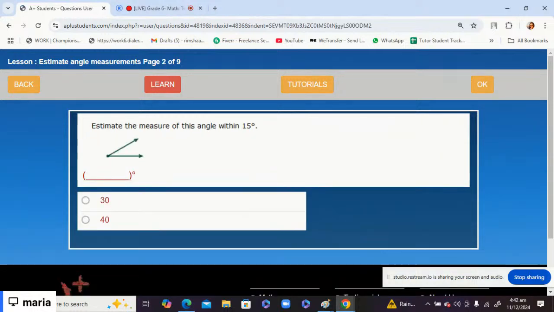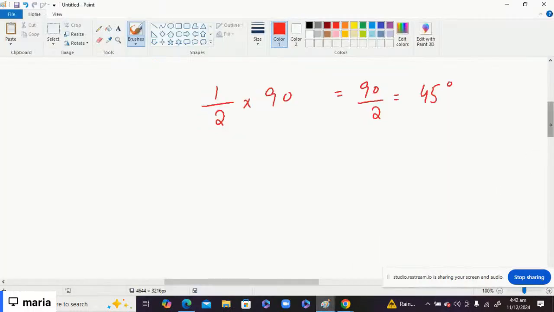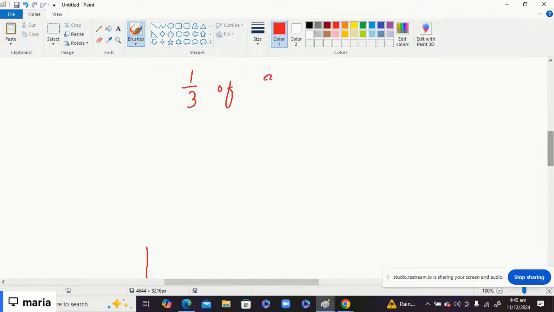Estimate the measure of this angle within 15 degrees. So as we know, by using the 15 degrees, look at here, this is 1/3 of 90. Let's find it out. 1 by 3 of 90. So it means 1 by 3 times 90. So 90 over 3, that is 30 degrees.